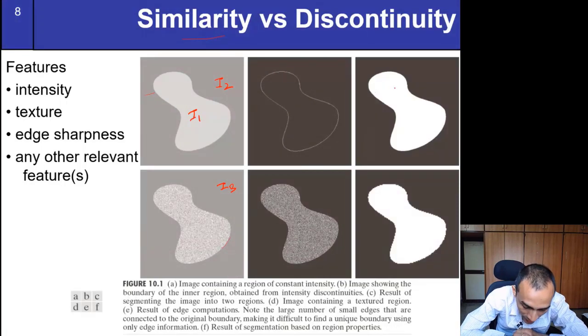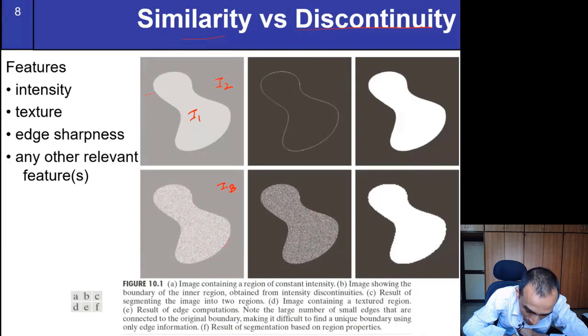So the first image could very easily be addressed by using a discontinuity based method, where you just do an edge detection, and that way you divide your image into two regions. Whereas in this image you cannot do a simple edge detection. So here we can do a similarity based method, and the similarity is again not based on intensity value but on something else.